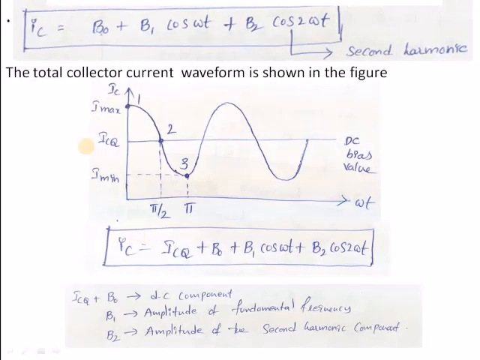But from the figure, we can say when omega t is equal to 0, the value of IC is IC maximum. At omega t is equal to 90 degrees, the value is ICQ. If omega t is equal to 180 degrees or pi, the value is I minimum.